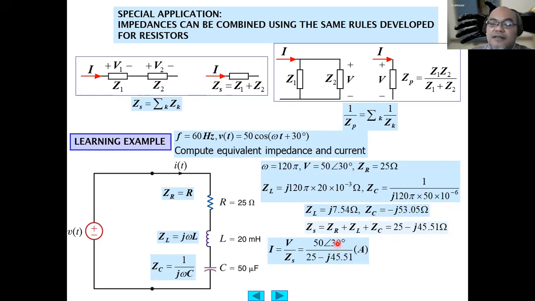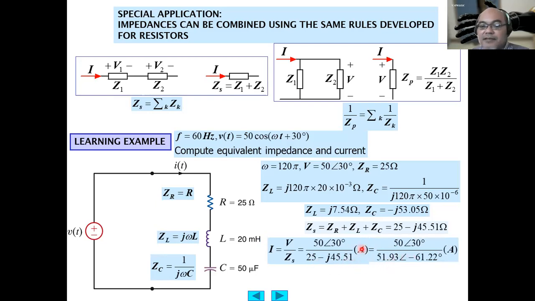Now we see that the numerator is expressed in phasor form, while the denominator is still in complex form. So we have to transform the denominator into phasor form so that it can be easily solved using complex algebra. How to find the phasor of this?